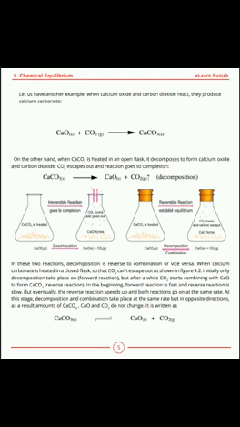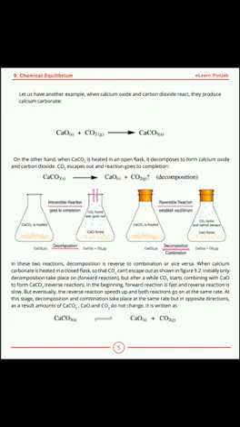But in the beginning, the forward reaction is fast, that is the decomposition process is fast, and the reverse reaction is slow, that is formation of calcium carbonate is slow, but eventually the reverse reaction speeds up and both reactions go on at the same rate.